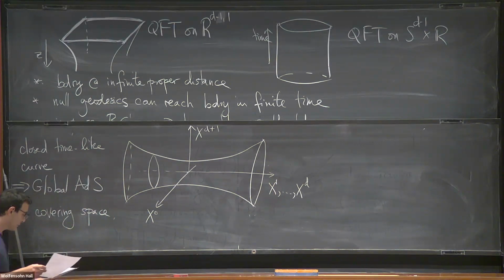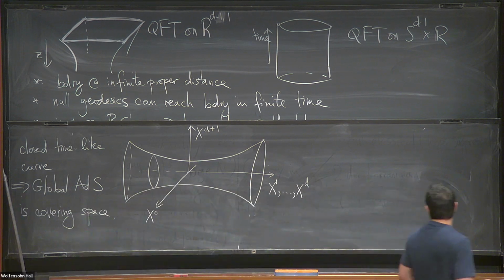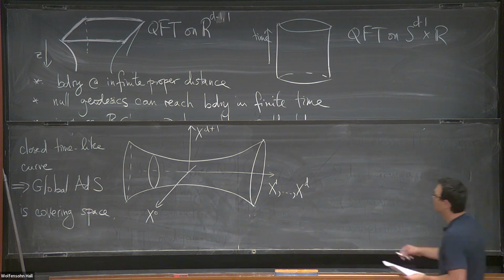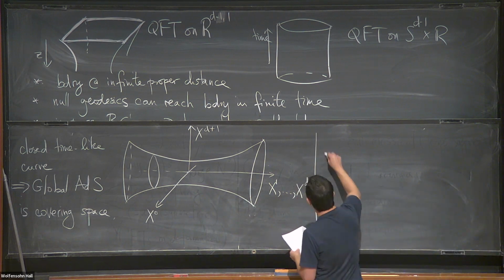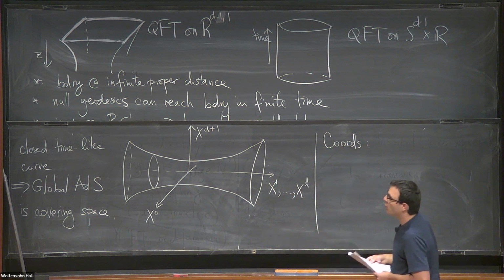Okay. Good. So there are various coordinate systems one can put on anti-de Sitter space. I will just focus on one, which I wrote down over here. I have to come up with d+1 coordinates.